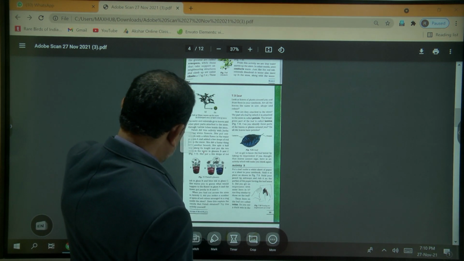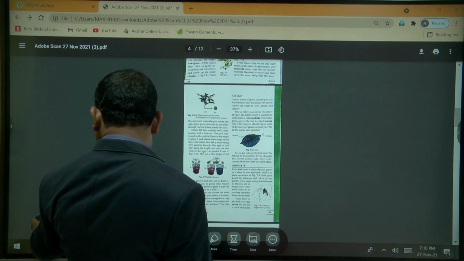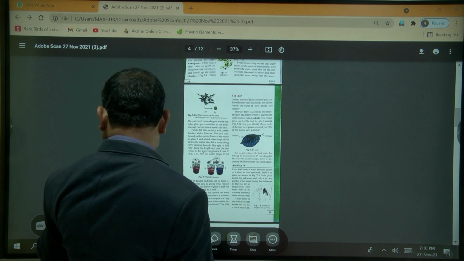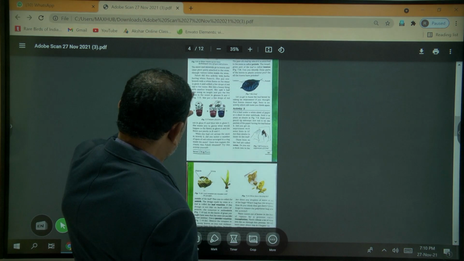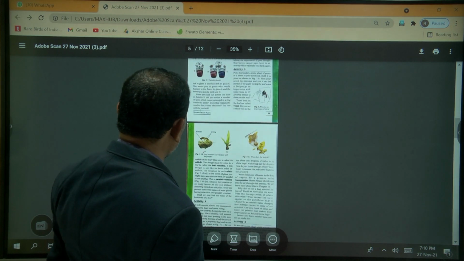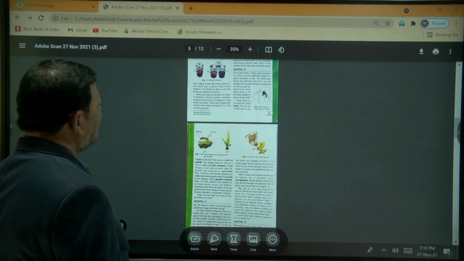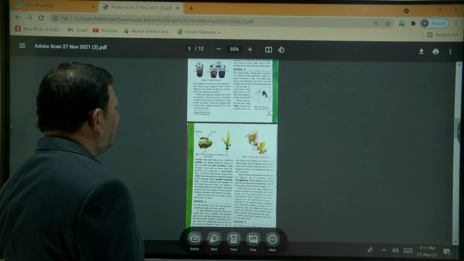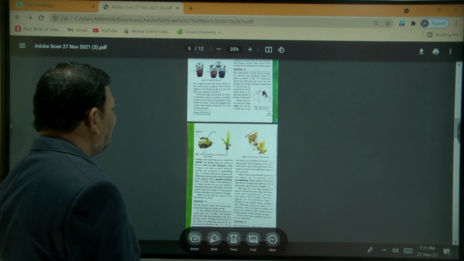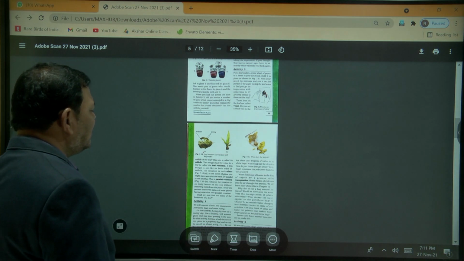Next, you know very well, the middle vein of the leaf is called midrib. The design made up of veins in the leaf is called leaf venation.